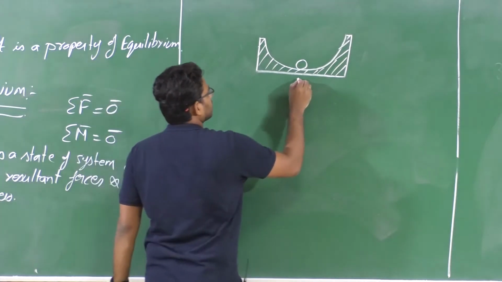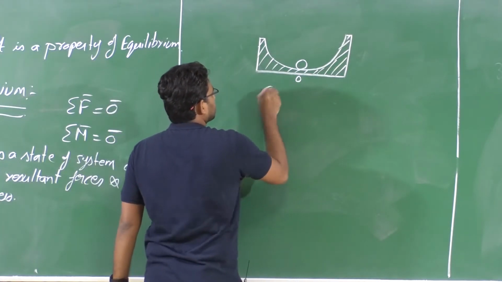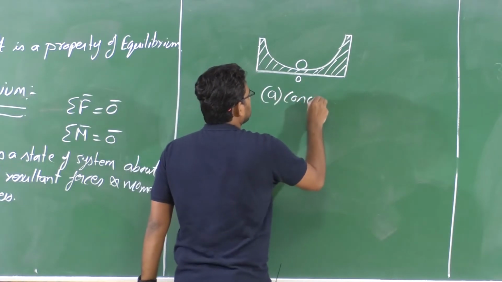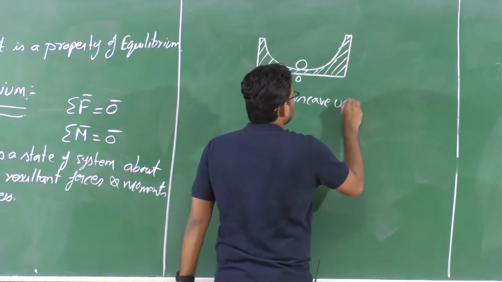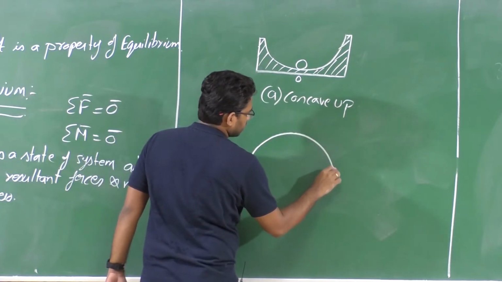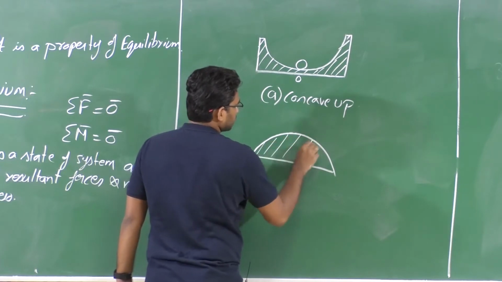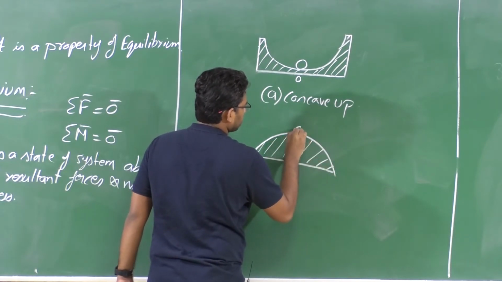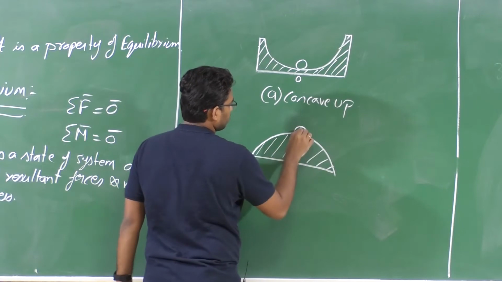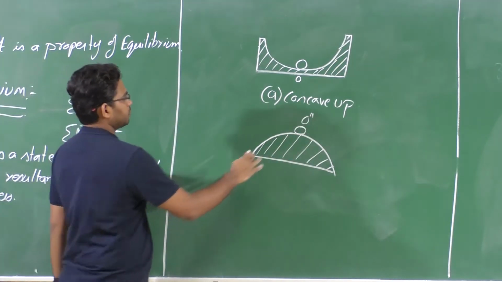Let this point be O. This one is concave up. At the same time, consider another surface on which the ball is again resting. Let this position or location be O prime.